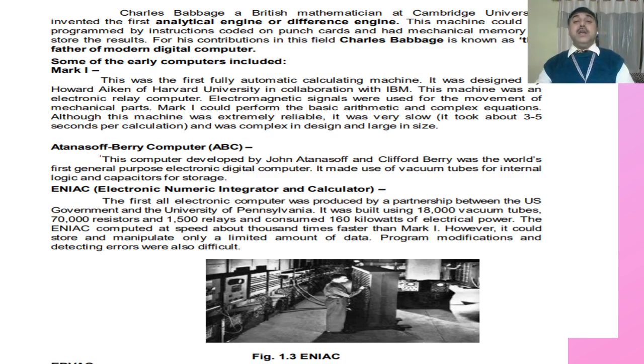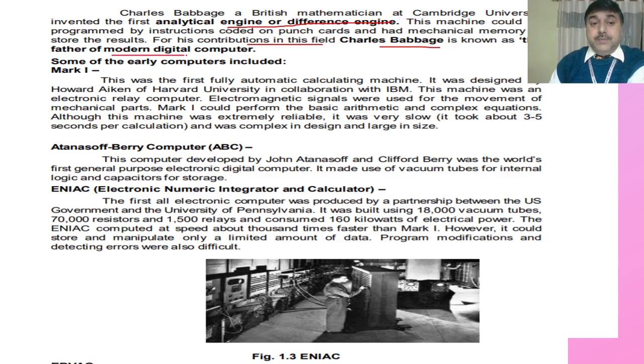The analytical engine is used to do calculations of different types of work. This analytical engine, the different machines, is used for doing functional coding. The punch card is used as memory to store the result. That is his contribution in this field. So Charles Babbage is known as the father of the modern computer, isn't it?